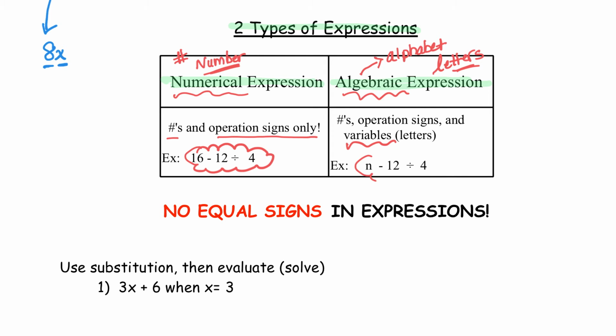And here is an example of an algebraic expression. Why is this algebraic? It is algebraic because there is a variable here. And remember, one of the big things about expressions is that they do not have equal signs. There are no equal signs in expressions.